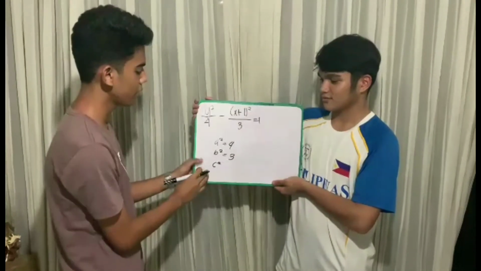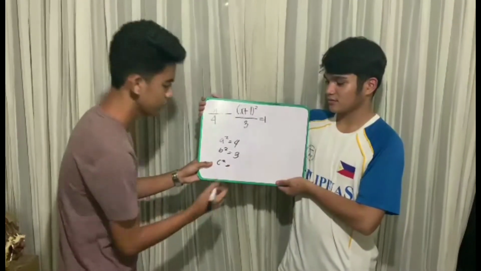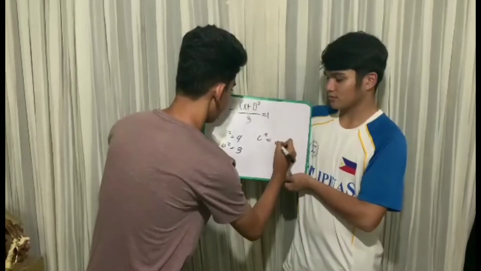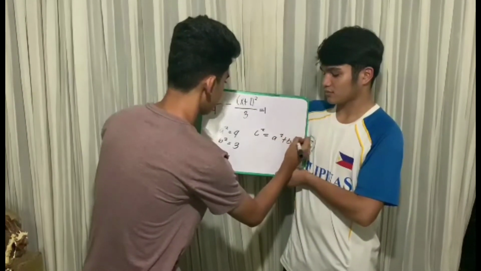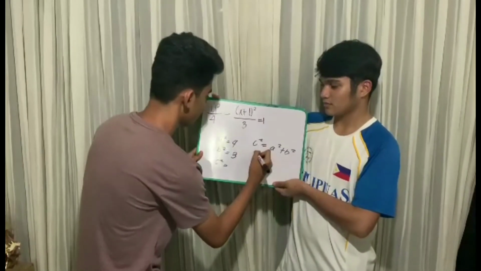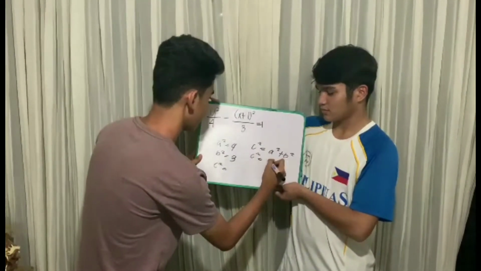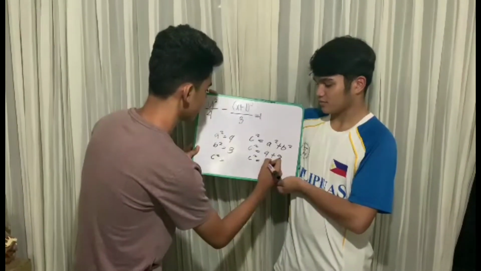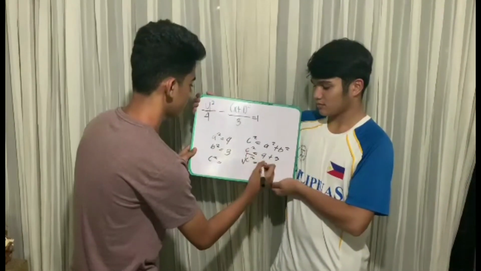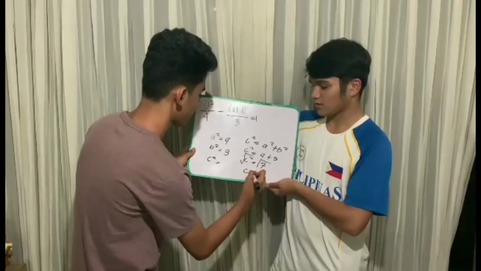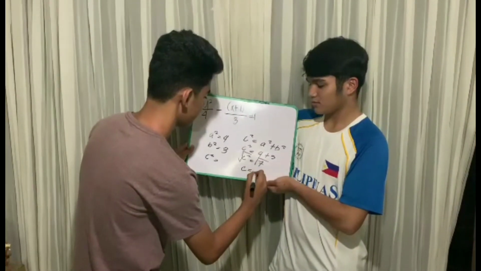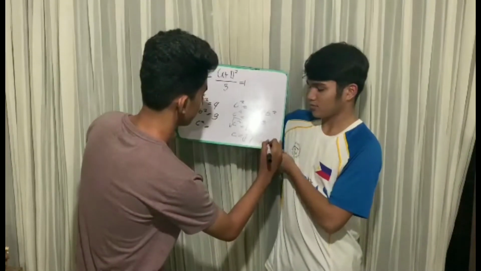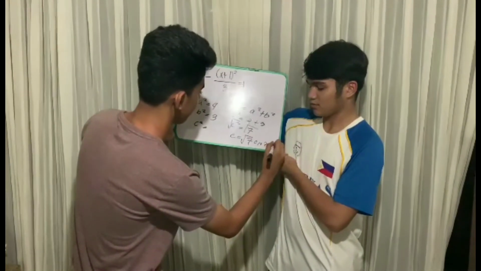And to find the value of c squared, we need to use the Pythagorean theorem, which is c squared equals a squared plus b squared. So, c squared equals 4 plus 3, c squared equals 7, c equals square root of 7 or 2.65.